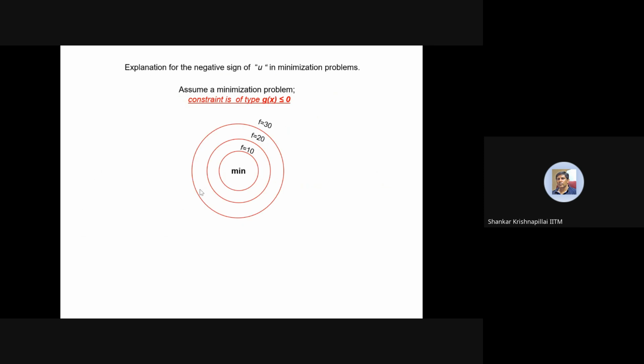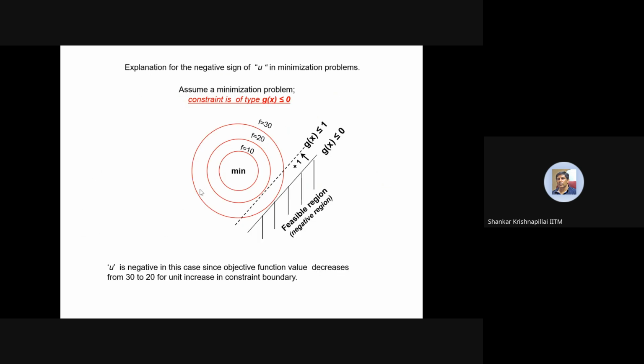So we also found the explanation why U is negative for minimization problems, because in minimization problems, for a unit positive change in the constraint boundary, the value of the objective function decreases. Okay, from 30 it has reduced to 20. So this is why you should get negative values of U in minimization problems.